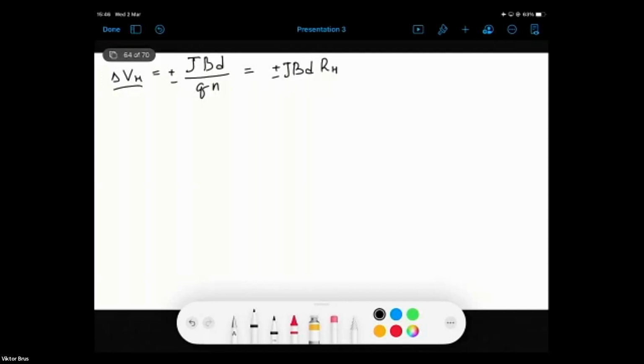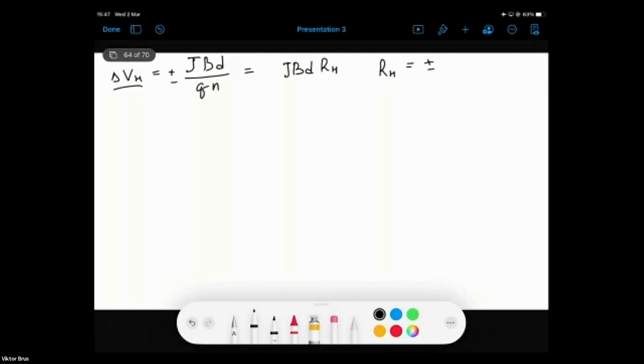So if you look at first and second equation, you will see that Hall coefficient is equal to, we can put plus minus here for Hall coefficient.